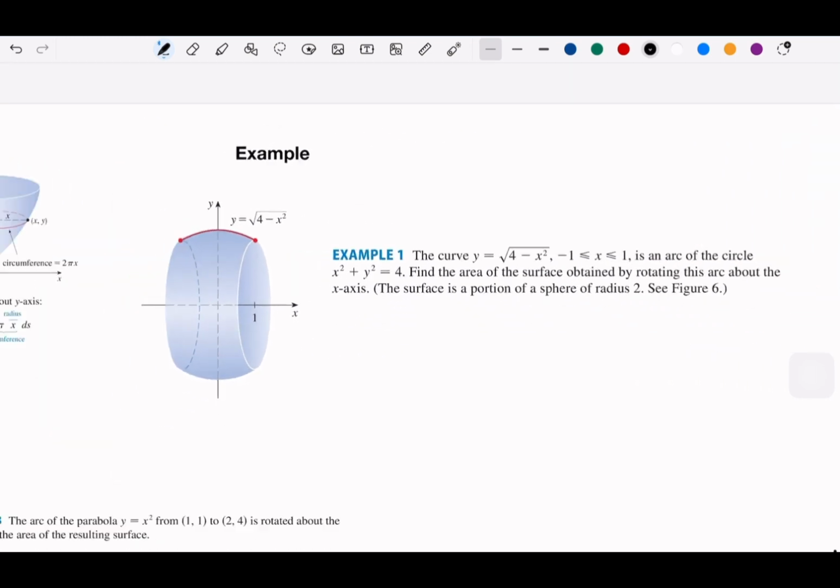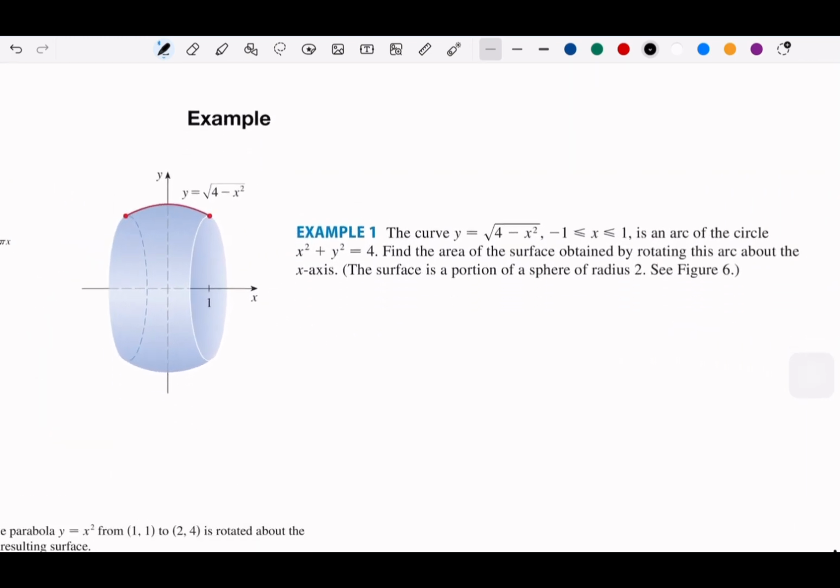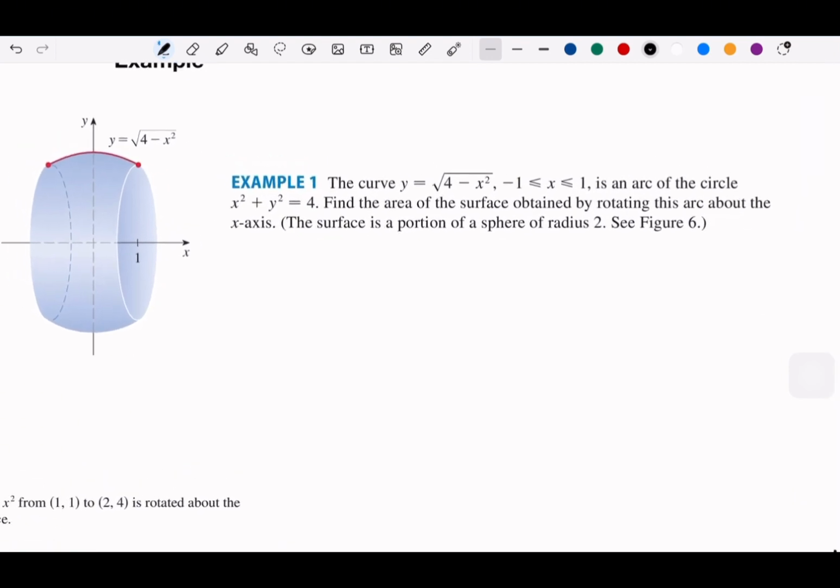Okay. Now let's see. We have this. Example 1. So you have the function itself.